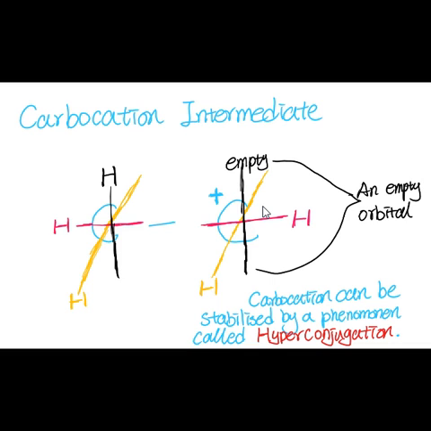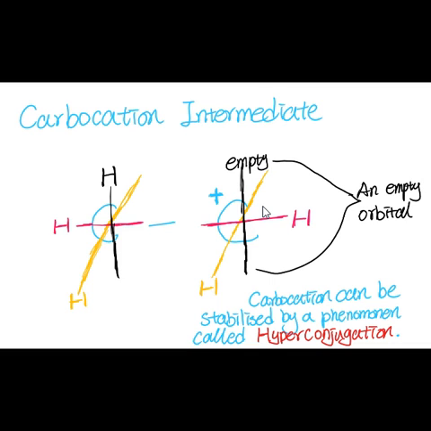And it is unstable. All intermediates are unstable, but this carbocation can be stabilized by a phenomenon called hyperconjugation. Hyperconjugation is just another fancy word scientists use.